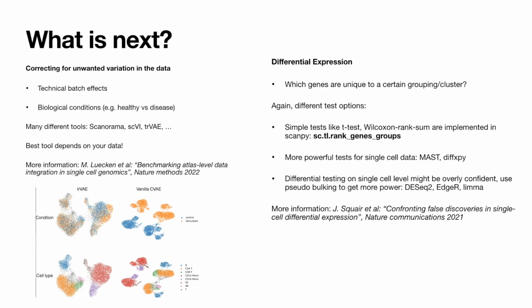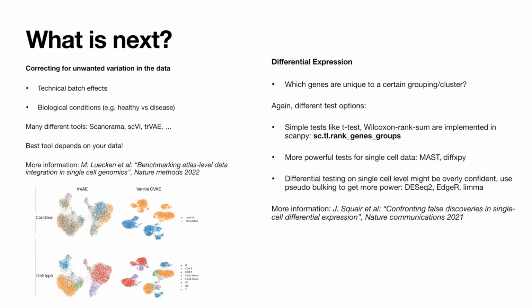However, it could be that differential testing on the individual single cell level is overly confident. So it might be recommended to use pseudo bulking to get more statistical power and more reliable results from these differential expression methods.